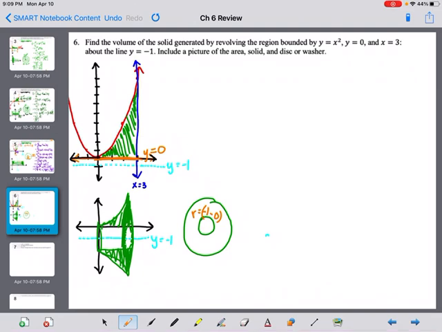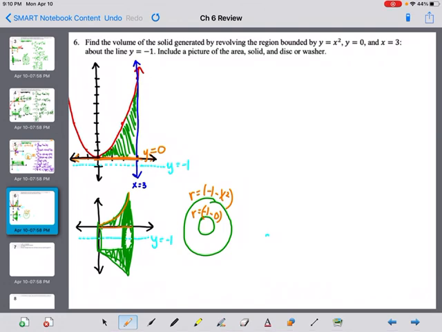And then y equals x squared is this line right here, right? So that's creating our outer radius. Our inner radius was y equals 0. Our outer radius is y equals x squared. So then our washer is going to have an outer radius of -1 minus x squared, because again, it's always axis of rotation minus the function.